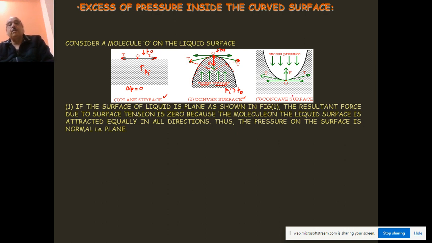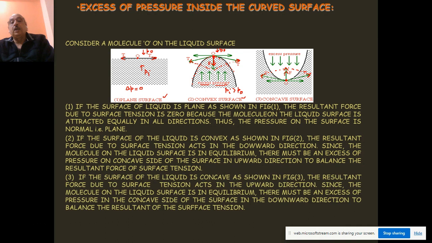Similarly, in case of concave surface made by the liquid, the point O molecule will have surface tension T and T. The resultant force will be the diagonal of the parallelogram, and the resultant force is upward because of the surface tension. But again, the molecule O is in equilibrium.